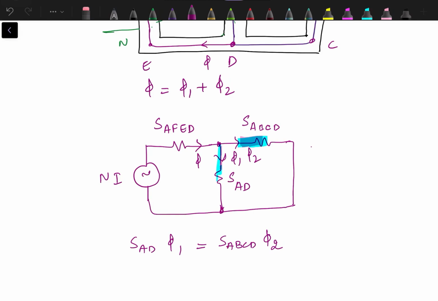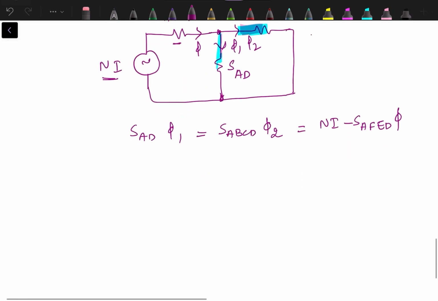And that will be equal to this MMF minus the drop across this into phi. So it's just like an electrical circuit in which we have branches connected in parallel.